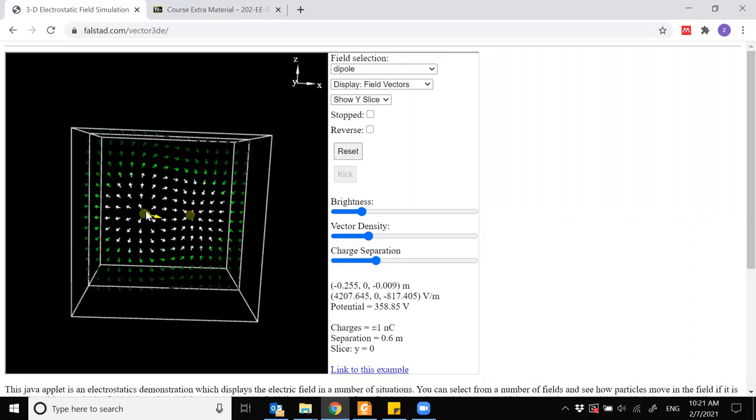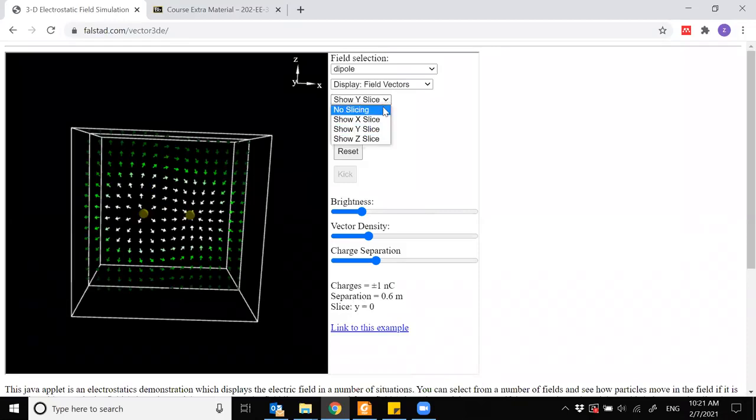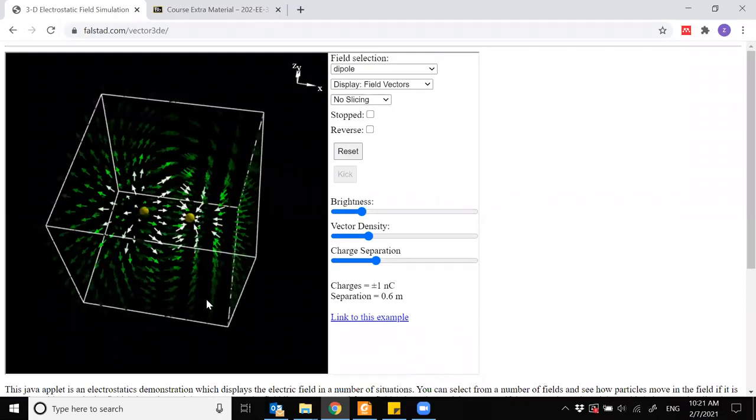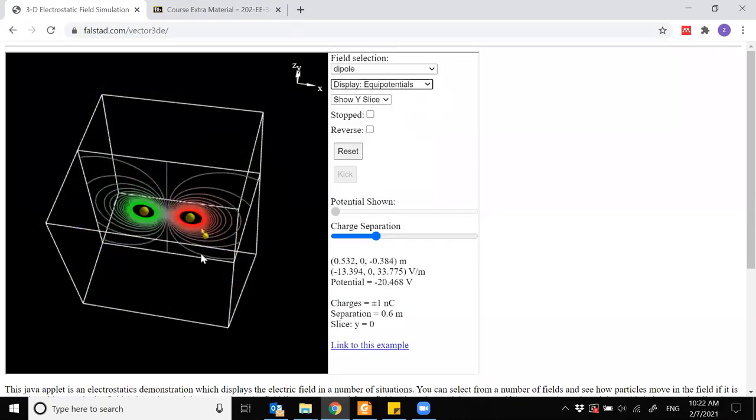This is the positive charge, this is the negative charge. If you want to see it in 3D, this is how it looks. And what will be the equipotential surface for this one? You have to think about it. Difficult to visualize, but if you want, this is how they look.